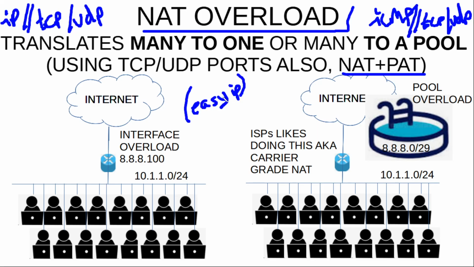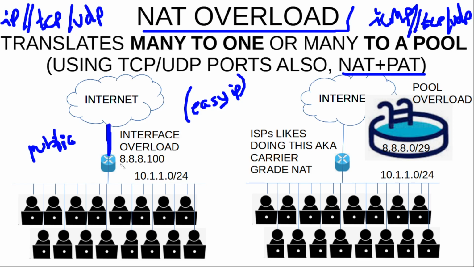And you can, for instance, use this way of overloading with only one IP address, that is the IP address that lets you connect to the internet. Let's say that this IP address that connects you to the internet has a public IP address.